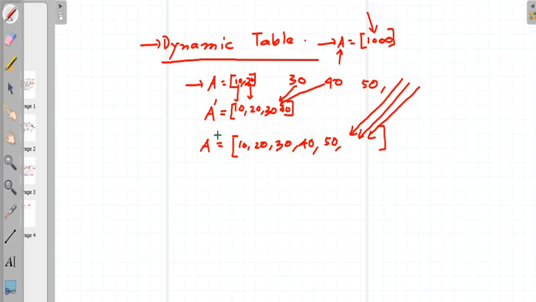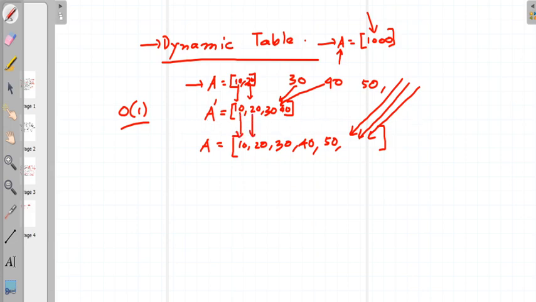So you see, whenever we are inserting elements, many a time that insertion takes order of 1 time. But at some point, when the array we have allocated so far is filled up, the insertion becomes expensive.